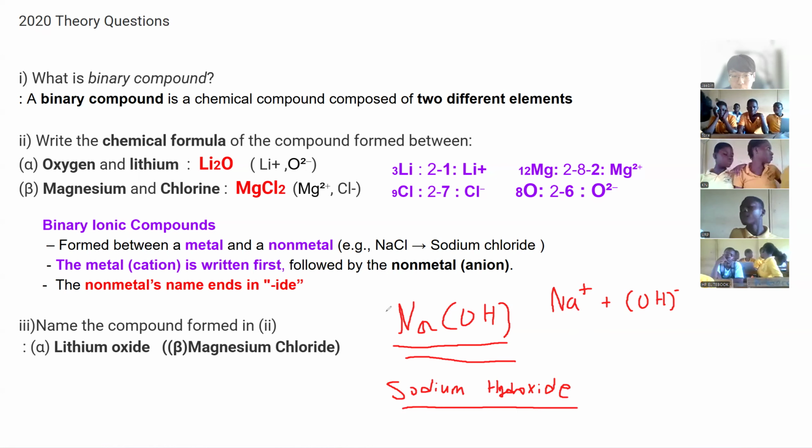And you need to know that Na is sodium, although Na does not look like sodium, it is actually named sodium. Similarly for Mg, you need to know it's magnesium. Cl, you need to know it is chlorine. And Li for lithium, O for oxygen, all those naming things.